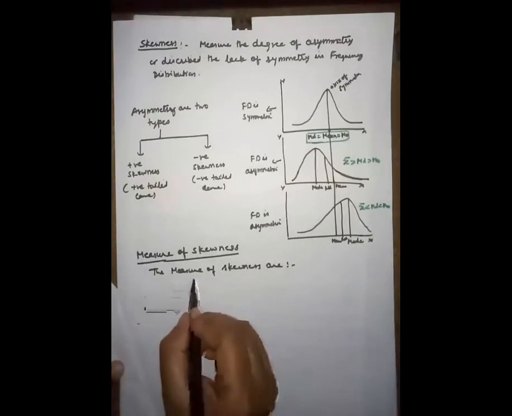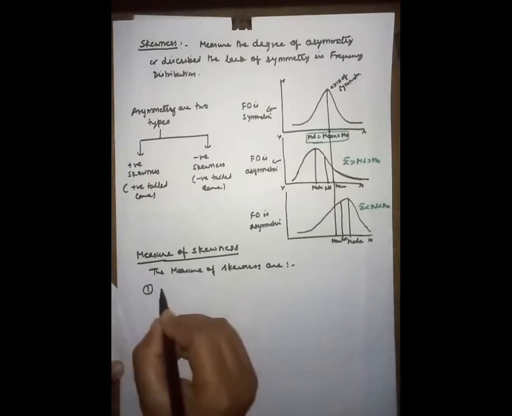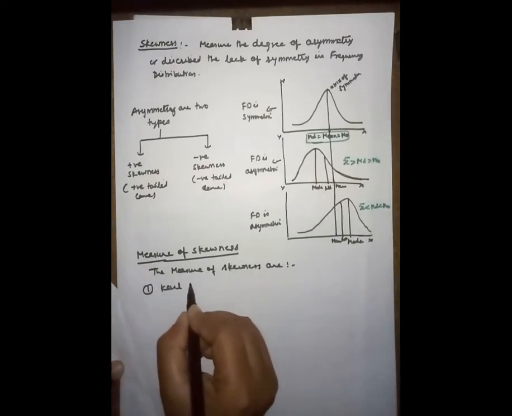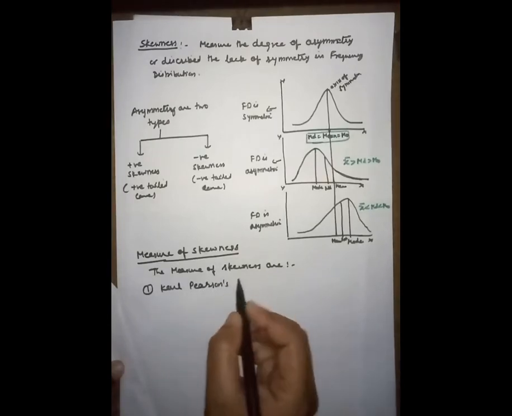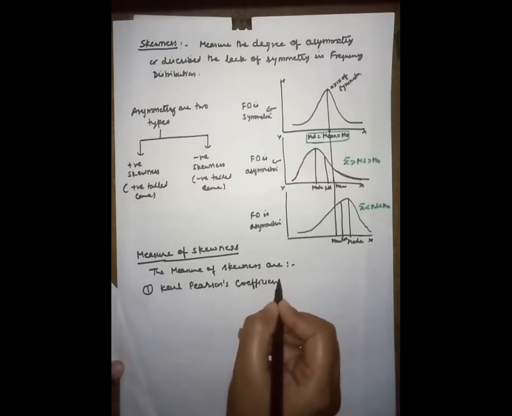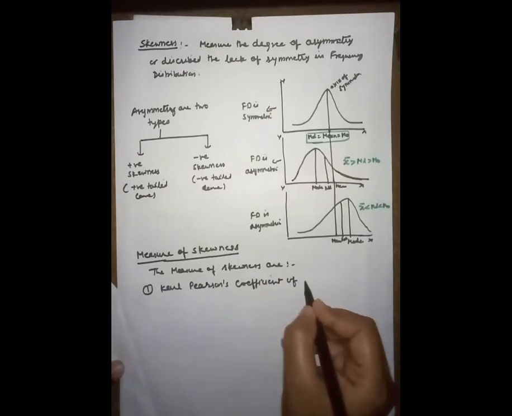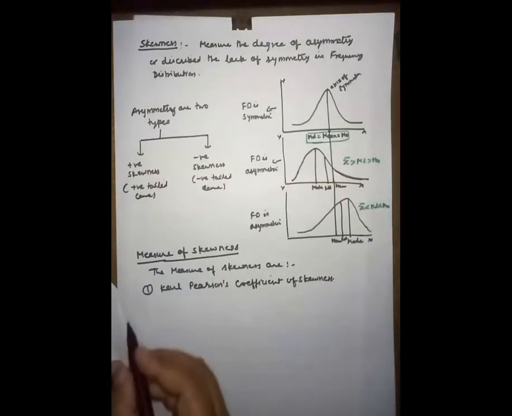First one is Karl Pearson's coefficient of skewness, right?